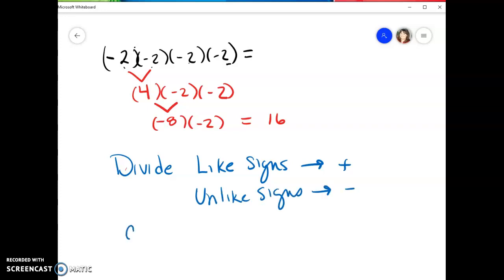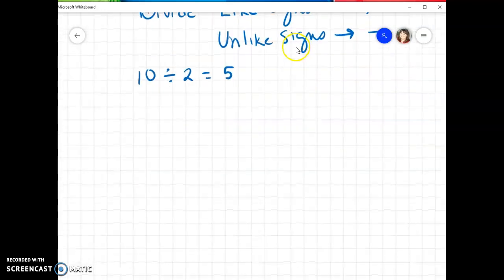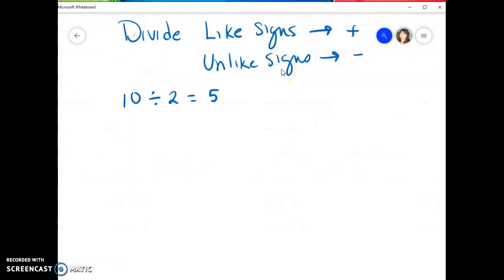So if I said 9 divided by 3, or here, let me make this different. So we're dealing with 3 different digits. Let's say I said 10 divided by 2, positive 5. If I said 10 divided by negative 2, think of just the numbers. 10 divided by 2 is 5.